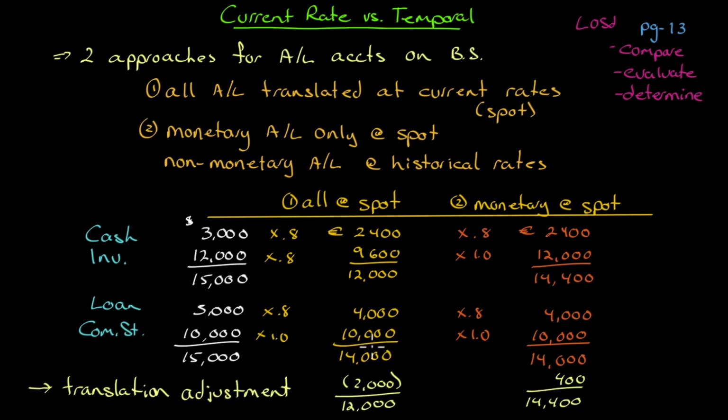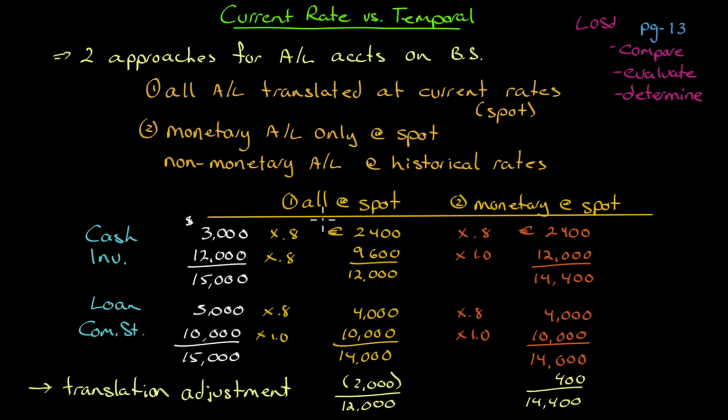We would have basically $8,000 of equity, because if you have $12,000 of assets and $4,000 of liability, there's only $8,000 of equity left. Whereas here we have $10,400 of equity left. So that's going to throw off our ratios depending on which translation method we're using.